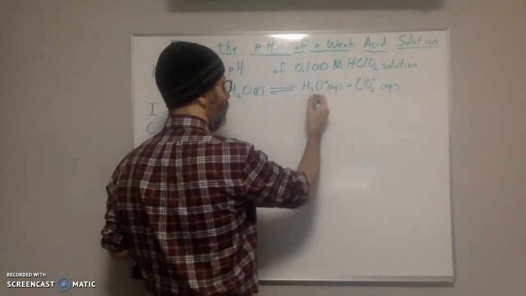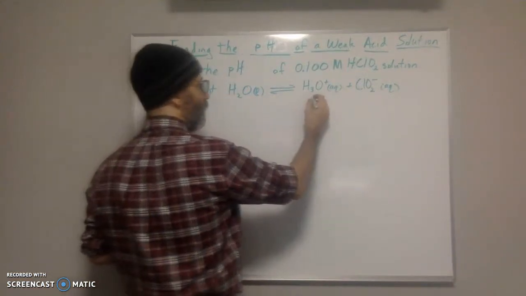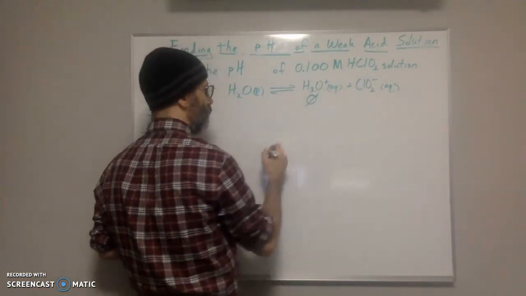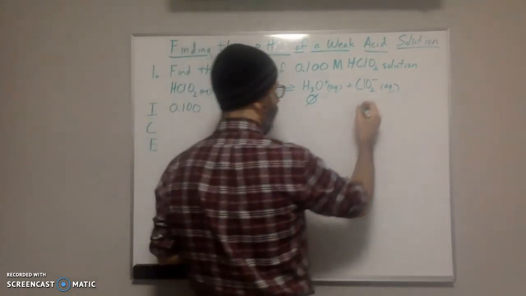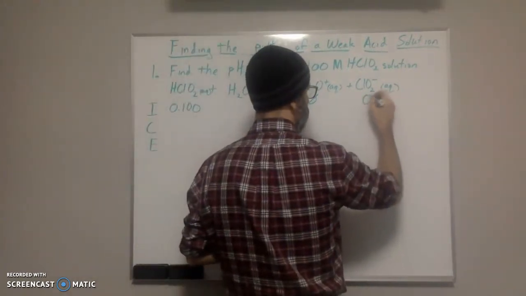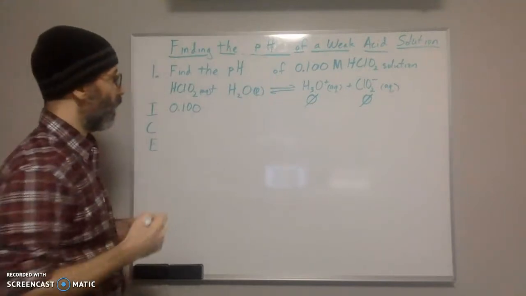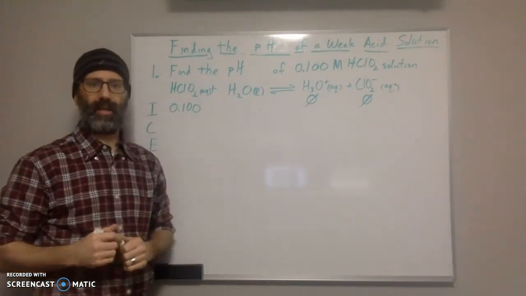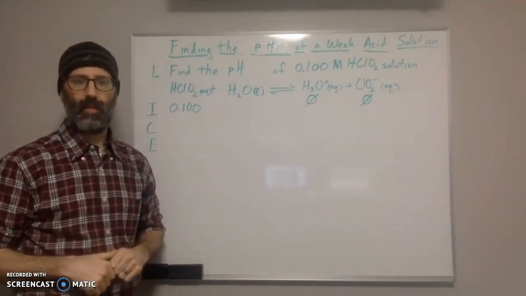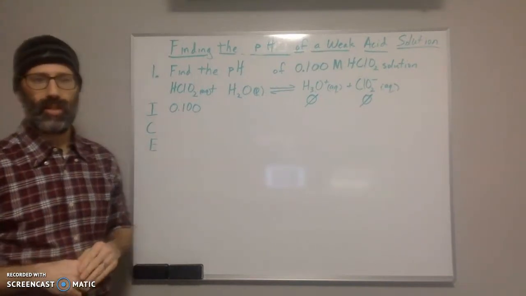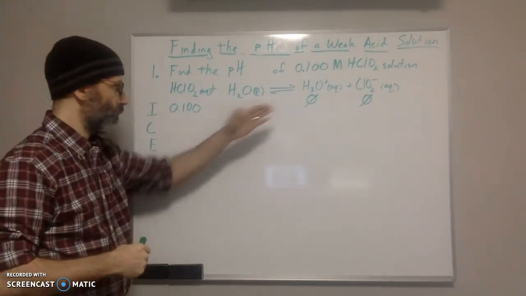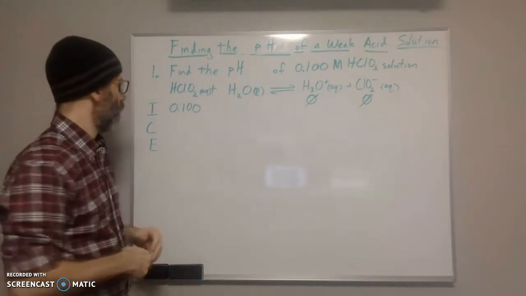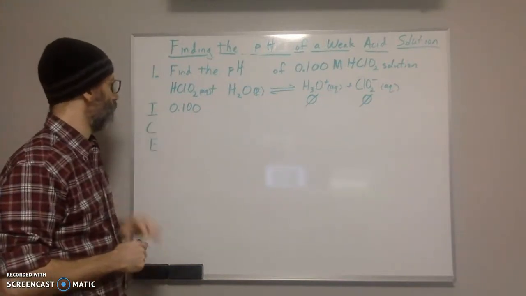Then the hydronium is going to be approximately 0, and the anion is going to be 0 as well, because there's hardly any H plus in there to begin with. There is some, but it's negligible.